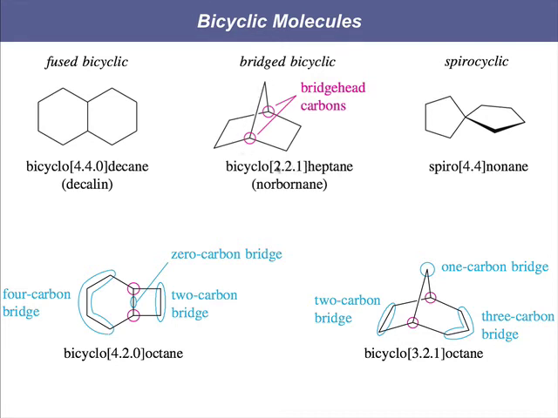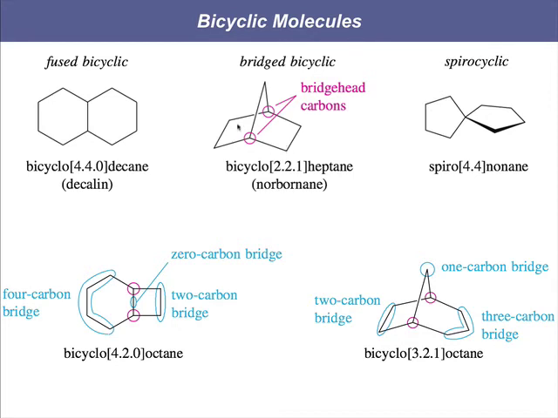So what does the 2.2.1 in brackets mean? Well, here's what it means. The 2, or both 2's in this case, refer to how many carbons are on each side of the bridgeheads. So here are our bridgeheads. We have 2 carbons on one side, right there and right there. We have 2 carbons on the other side, right there and right there.